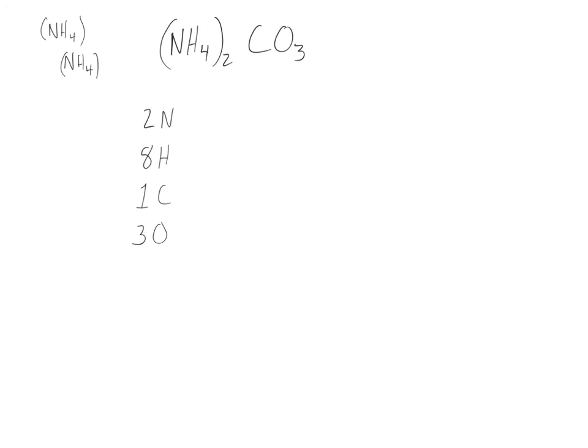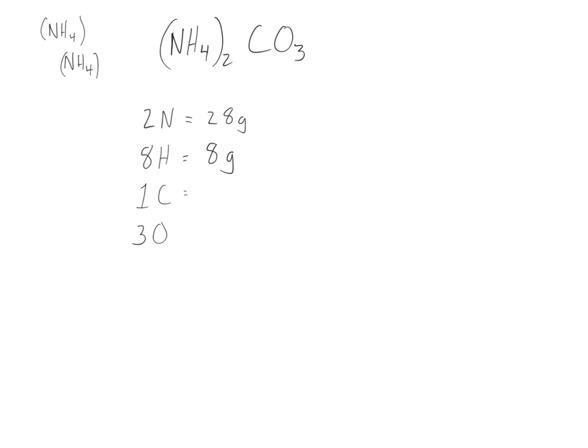All right, I have nitrogen, and I know a mole's worth of nitrogen, if I look at the periodic table, weighs about 14. So 1 mole of nitrogen weighs 14. I have 2 moles of it, though, and that's going to be 28 grams. As far as hydrogen goes, hydrogen on the periodic table is 1. I have 8 of them, and that's going to be 8 grams.